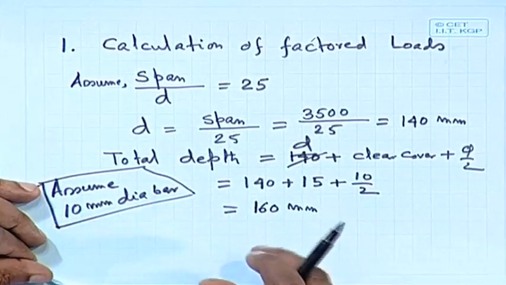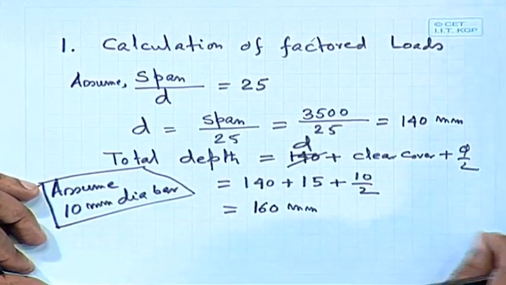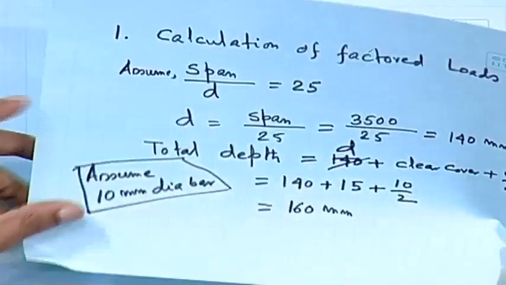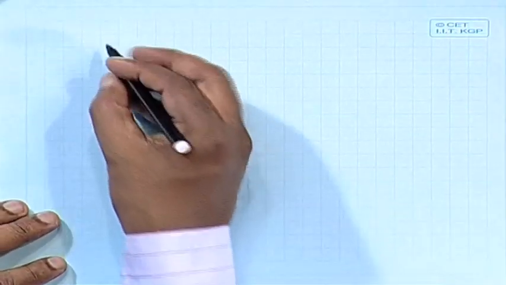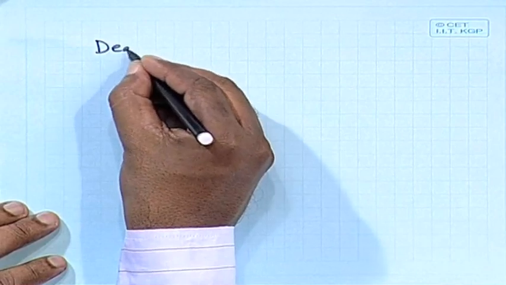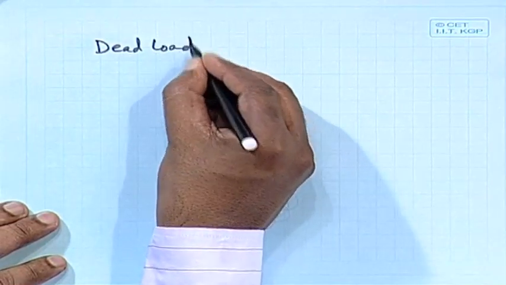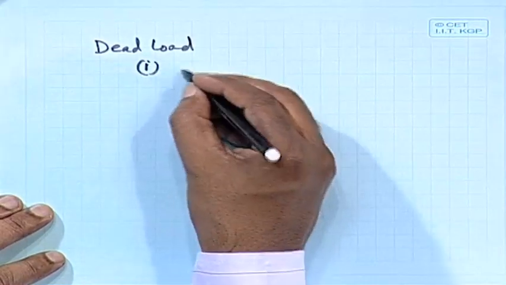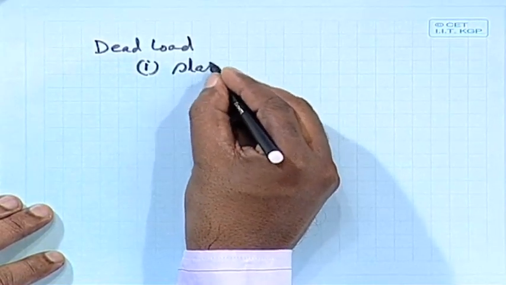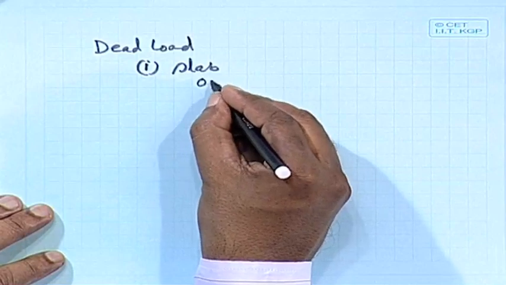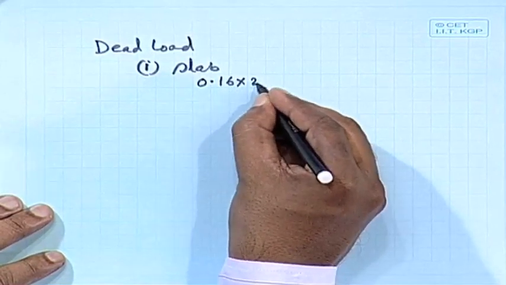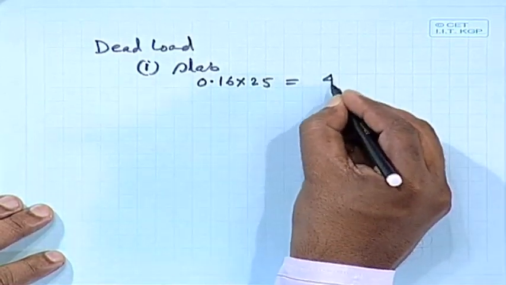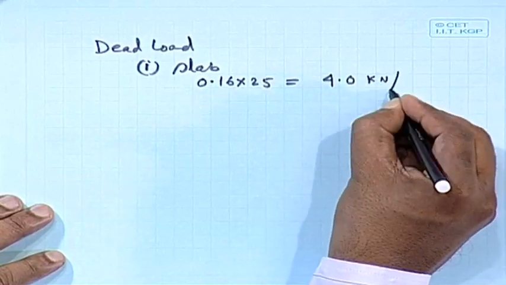Now, we can calculate the dead load. Slab: 0.16 times 25 is 4 kilonewton per square meter.